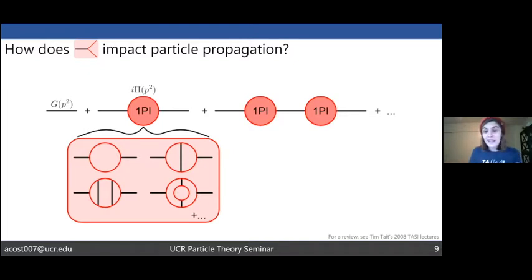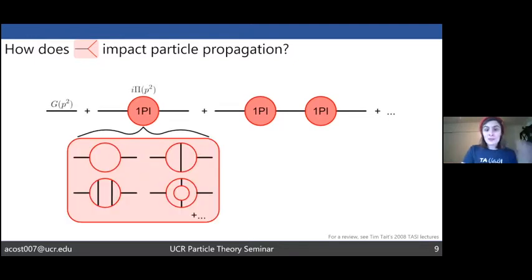A 1PI diagram is, we're going to be summing all of them, and these are any diagrams that if you cut one of the lines, the diagram remains as one diagram. It doesn't split into two. And so I've shown some examples here in the box. The one at the top left is the leading order contribution. There's higher order ones as well if we include all the contributions to the two-point function.